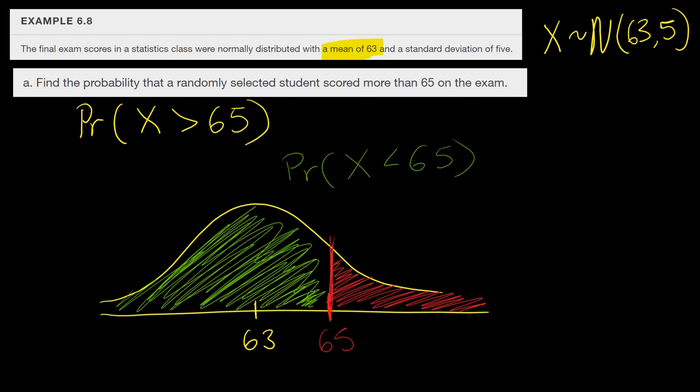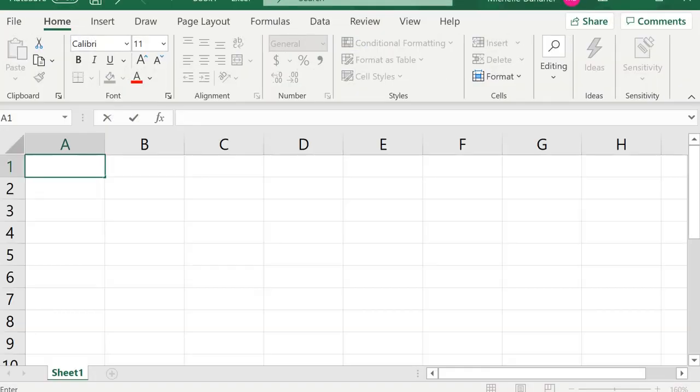Well, yeah, right? The total probability under this curve is 1. So this is going to equal 1 minus the green area, okay? So 1 minus the probability that X is less than 65 is the probability that X is more than 65. Okay, so let's go to Excel and calculate this.